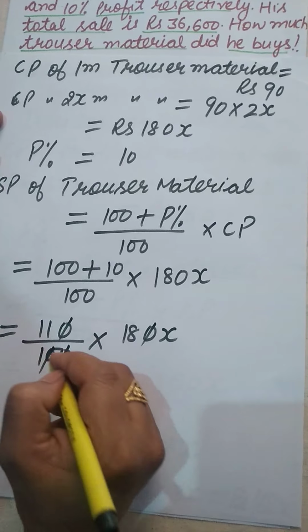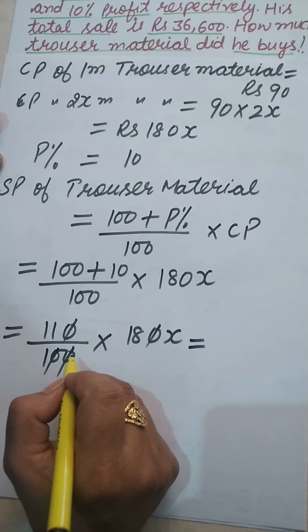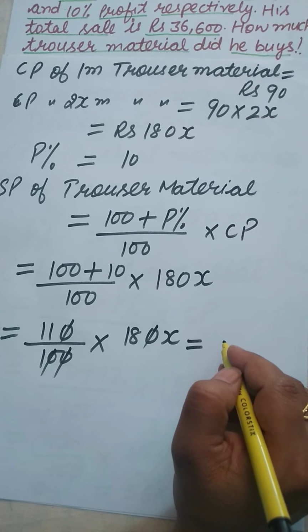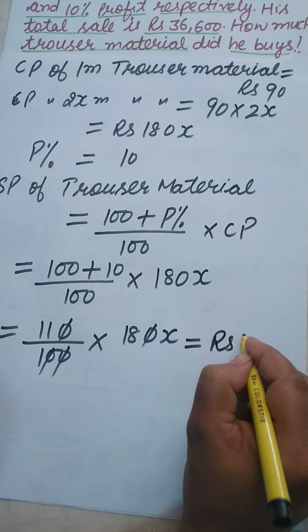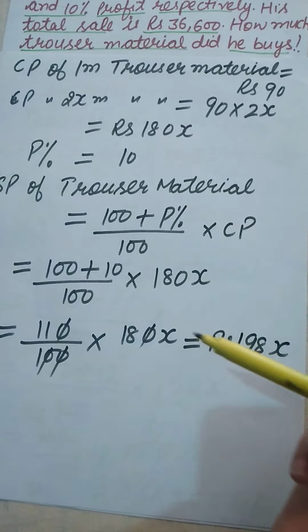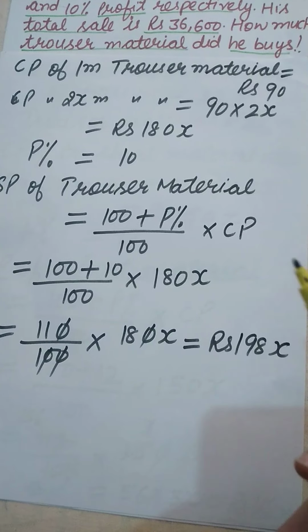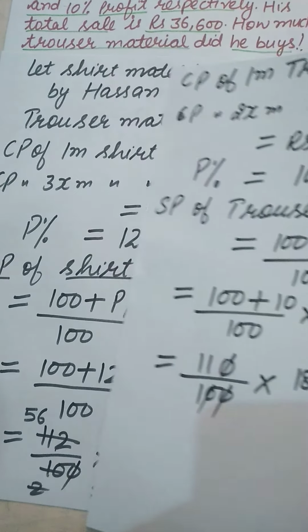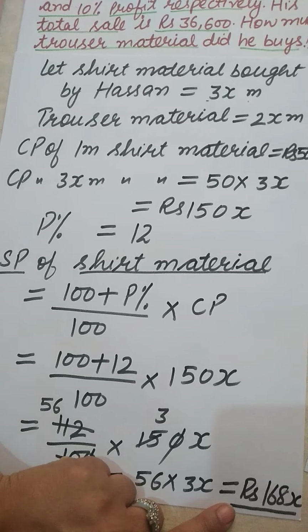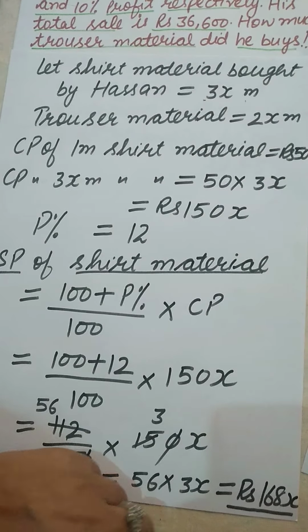Cancel the zeros. Both the zeros cancelled. 11 multiplied by 18 is 198x. So the selling price of the trouser material is 198x. And also we have calculated the selling price of the shirt material, that is equal to 168x.